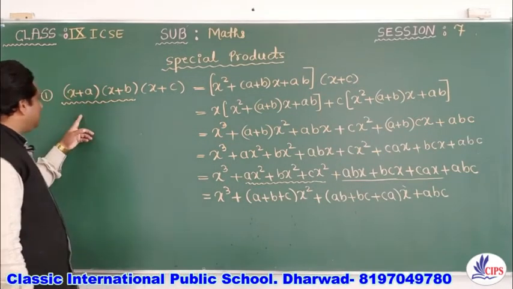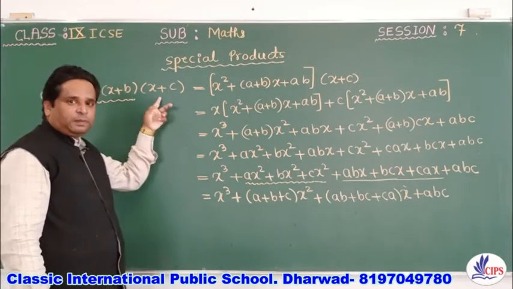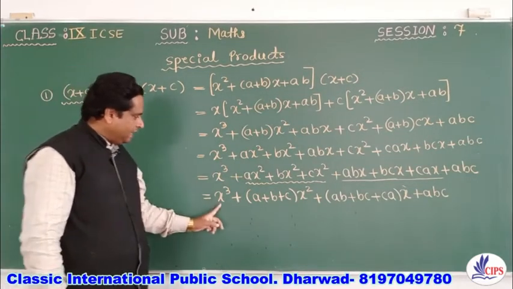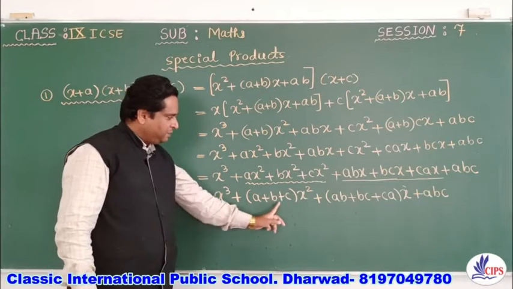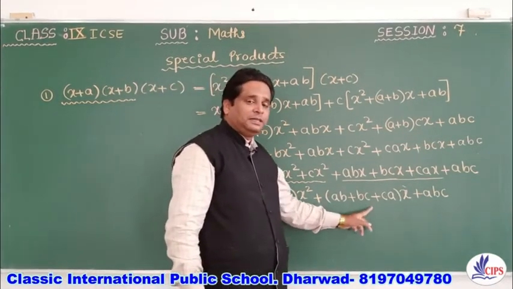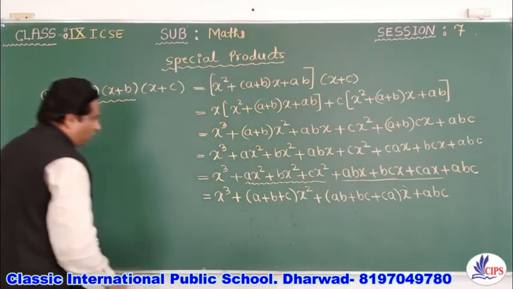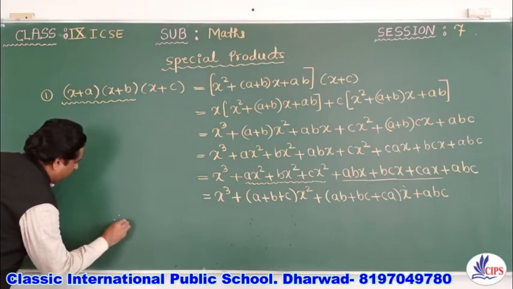Please remember, children, (x + a)(x + b)(x + c) is equal to x³ + (a + b + c)x² + (ab + bc + ca)x + abc. Directly you have to remember this product.